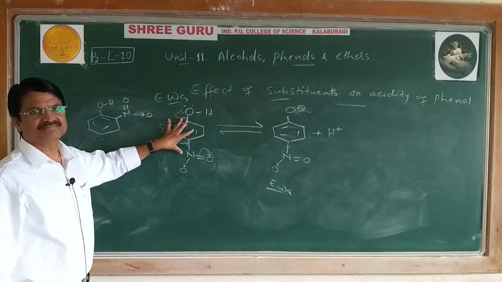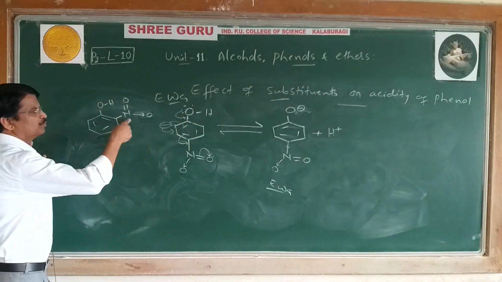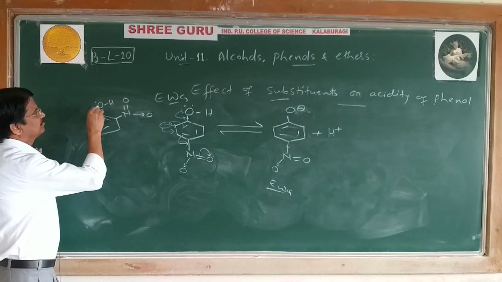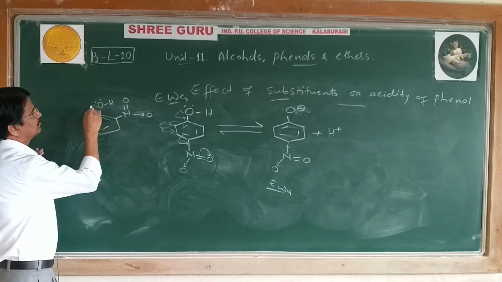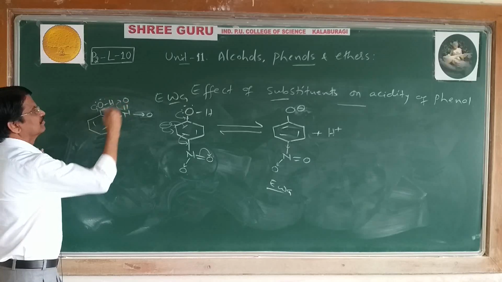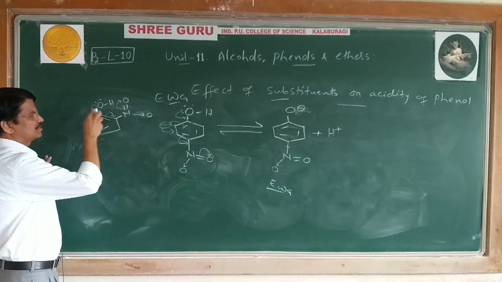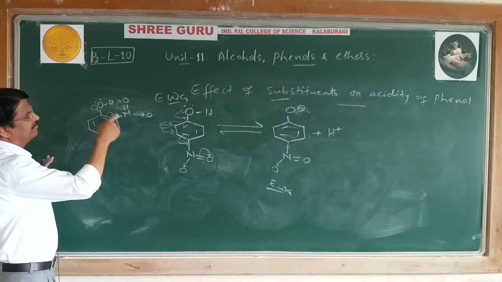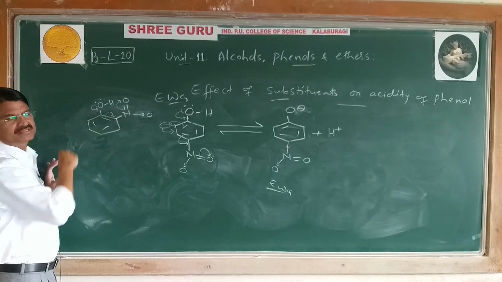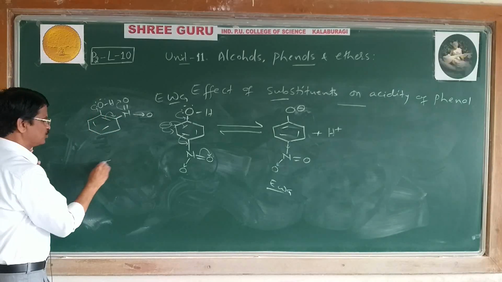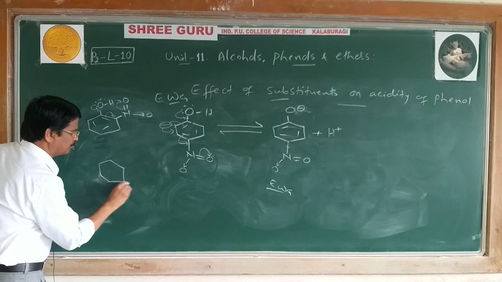Resonance stabilized. Then, if it is at the ortho position, same type, NO2. The structures are fewer, but anyway, it is also involved in the resonance. But if it is present at the meta position, what happens? Meta position.